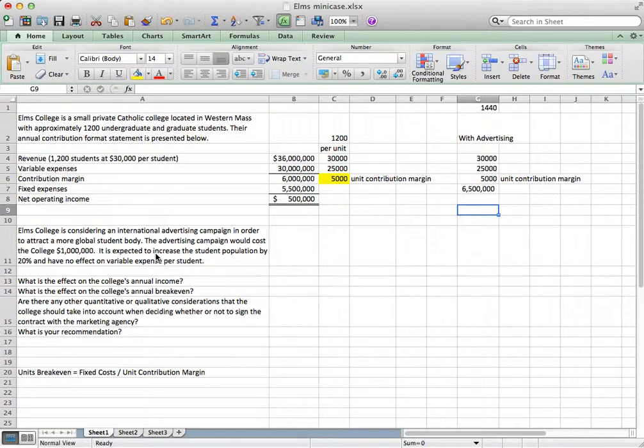If I take my fixed costs and divide by my unit contribution margin, I get a break-even of 1,300 students. If I do it over here, again, I take my fixed costs and divide by my unit contribution margin, I get a unit break-even in units, which is students.